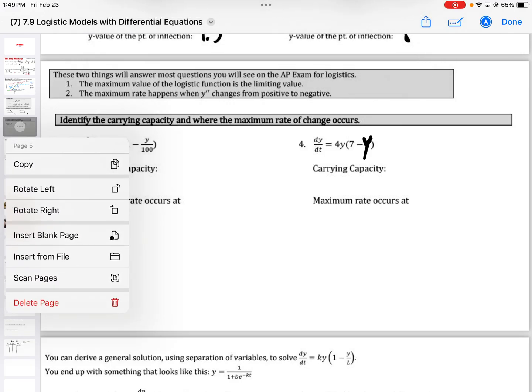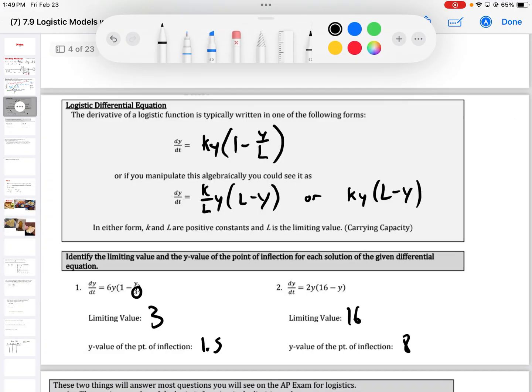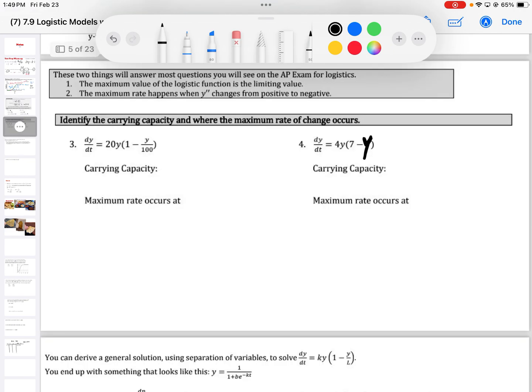The carrying capacity is the same thing as the limiting value. The y value of the point of inflection is the same thing as when the maximum rate occurs. For now, we're just going to say the maximum rate occurs at 50, when y is 50.